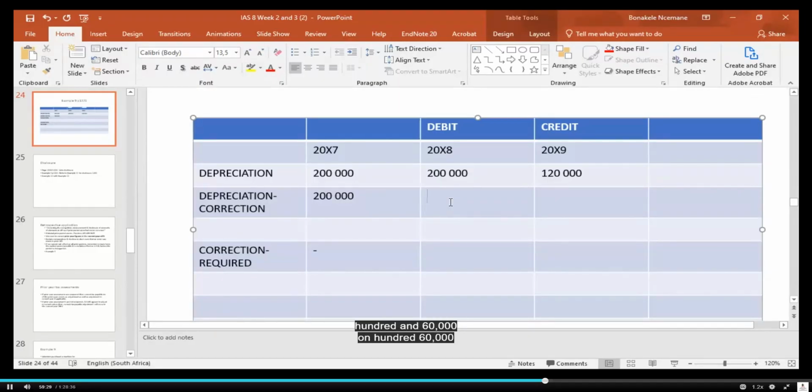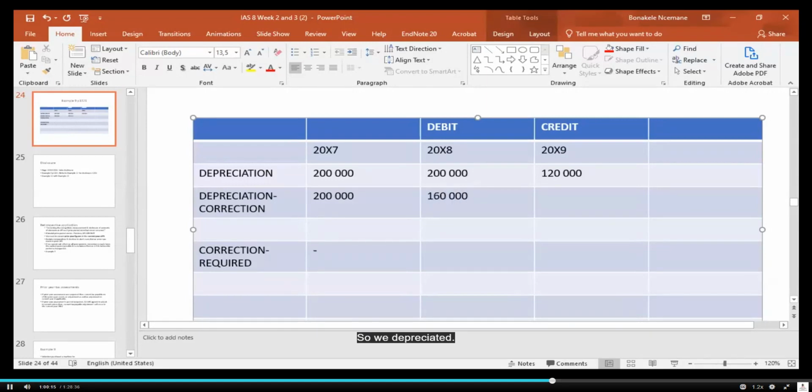Why 160,000? Because you take the million and subtract the prior depreciation before you multiply with 20%. Do we all agree with him? Yes, sir. Because this is not a straight line method, rather it is a diminishing balance method. So it will be the 1 million less the previous year's depreciation, then multiplied by 20%.